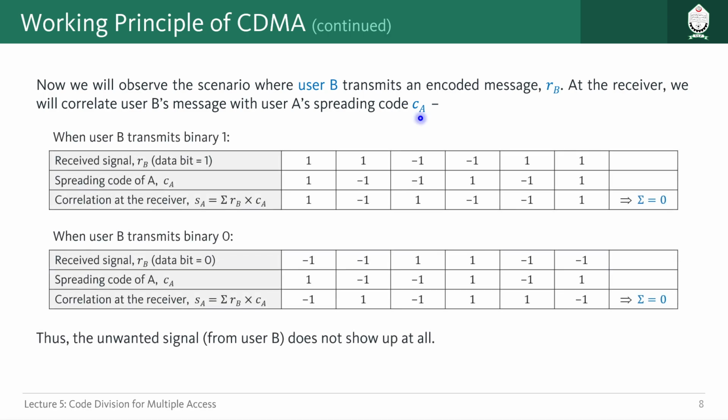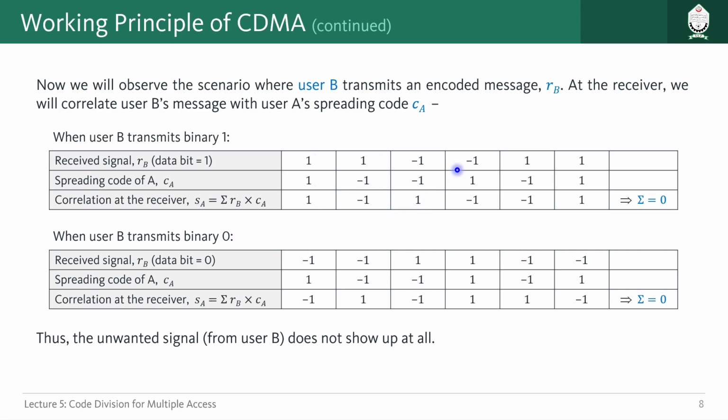So here the same thing is happening. Whenever user B wants to transmit binary 1, this is the signal he has to transmit, because this is the exact spreading sequence assigned for user B. So we want to transmit data bit 1, that's why we are sending this one. And this particular 6-bit sequence is the spreading code of user A. So we have to correlate C of A with R of B. To do that, we just multiply, then sum.